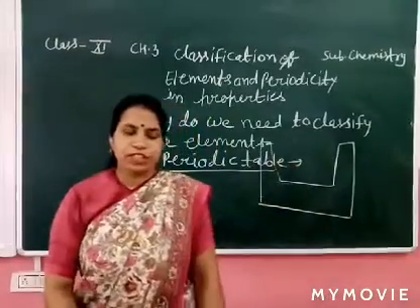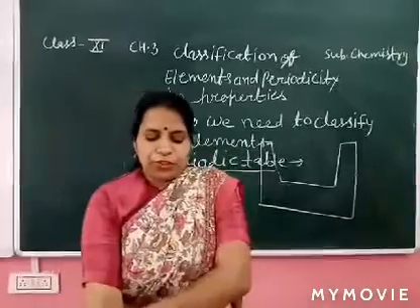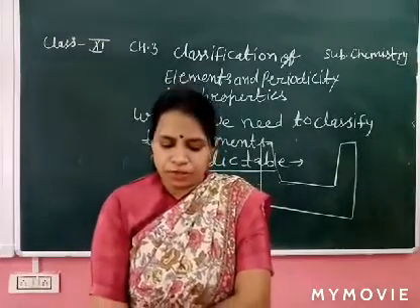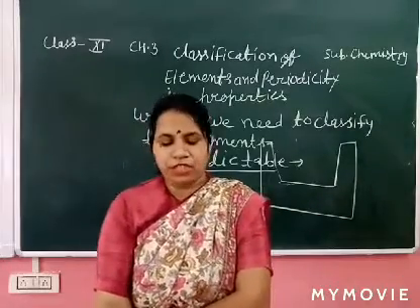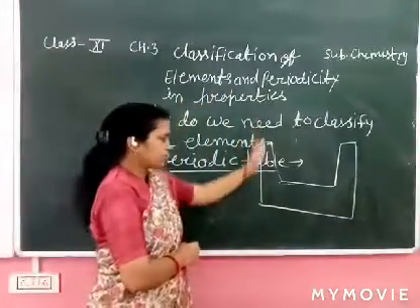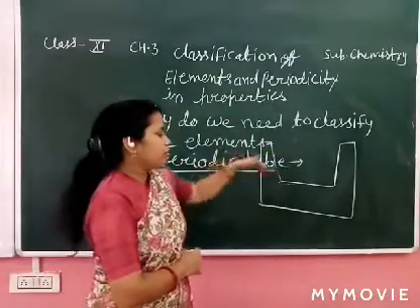So what is the periodic table? Again, the periodic table may be defined as the arrangement of the known elements according to their properties in a tabular form. According to their properties means group wise and period wise, their properties are different and the same.